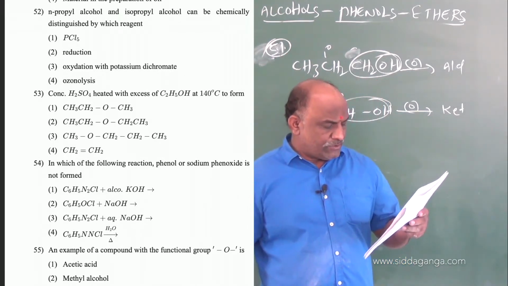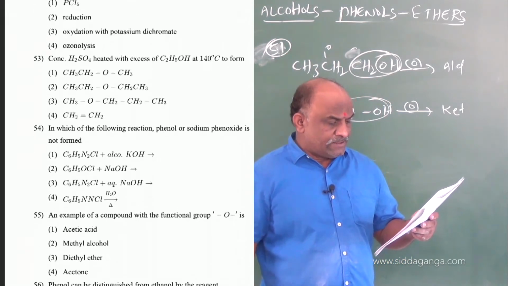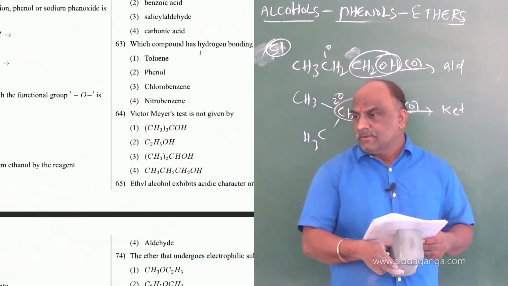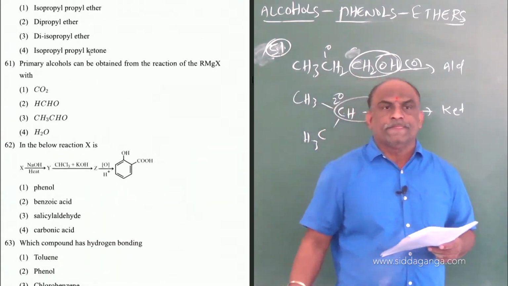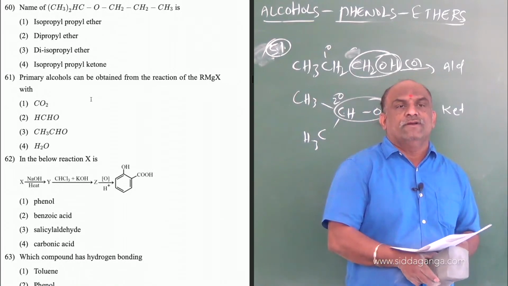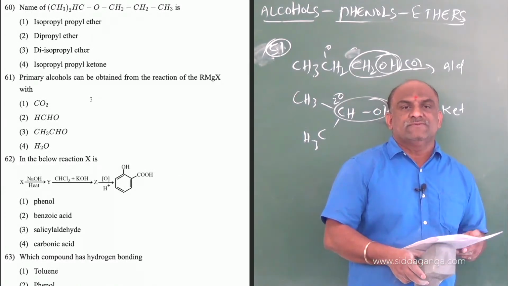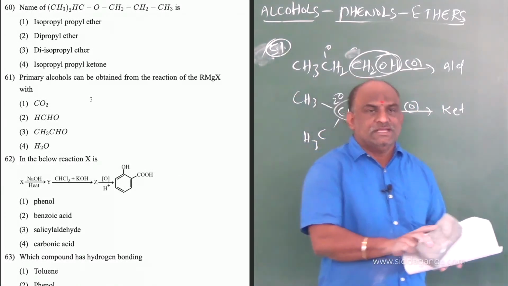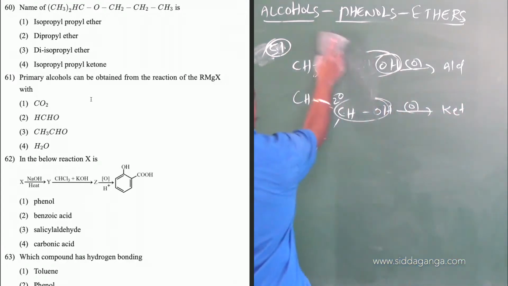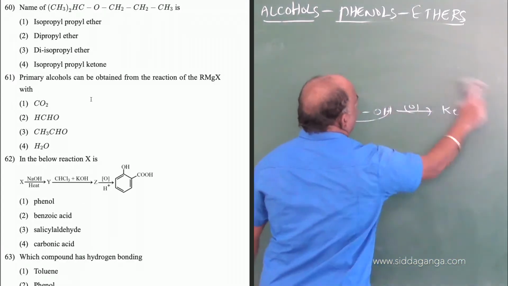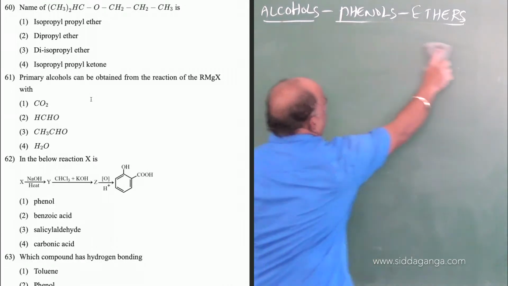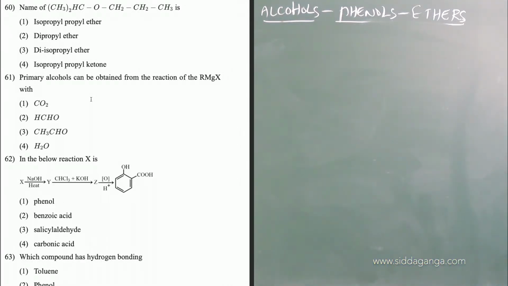Now question number 60: (CH3)2CHOCH2CH2CH3. Focus on the IUPAC naming of compounds, because we expect questions from IUPAC.